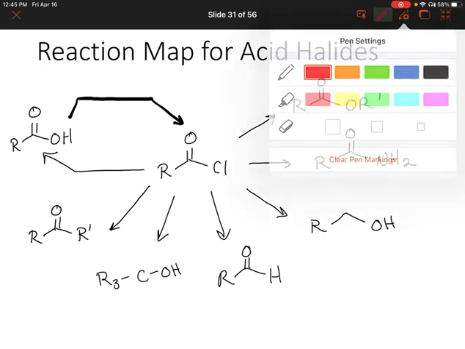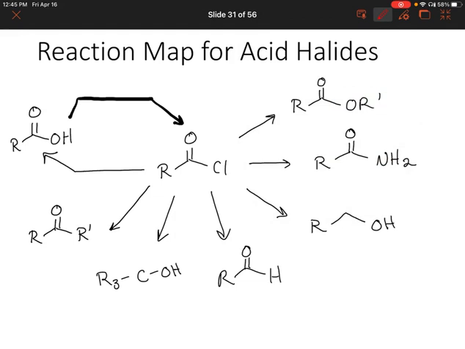Okay, let's see if we get the same thing. So if we want to convert our acid chloride into an ester, we'll want to use an alcohol. And then remember, we also want to use pyridine to remove any hydrochloric acid byproduct. If we want to produce a primary amide, we're going to use ammonia.